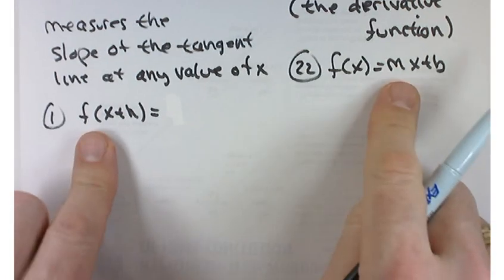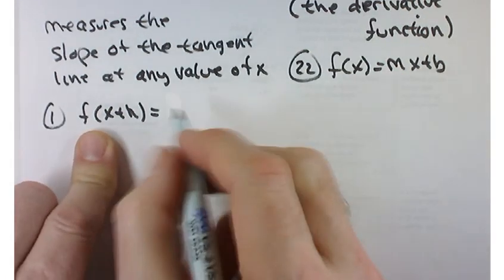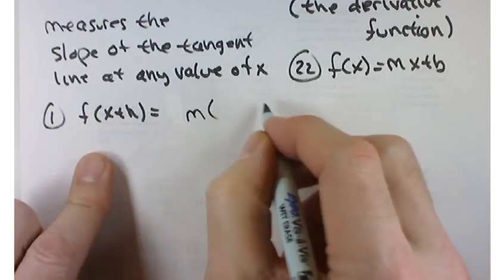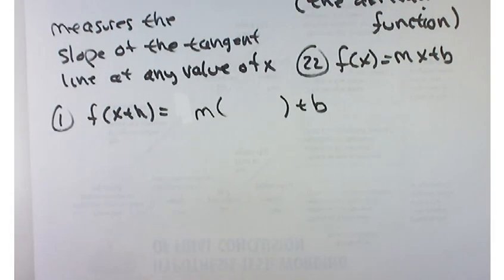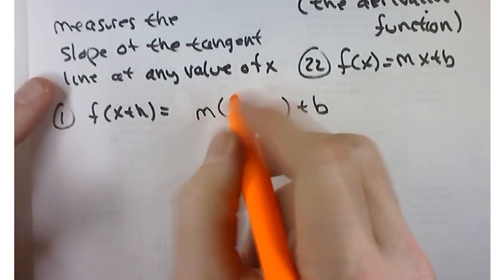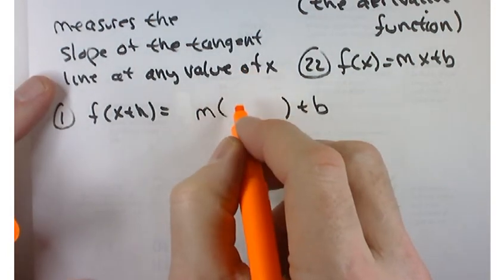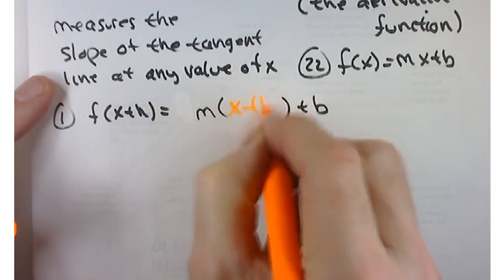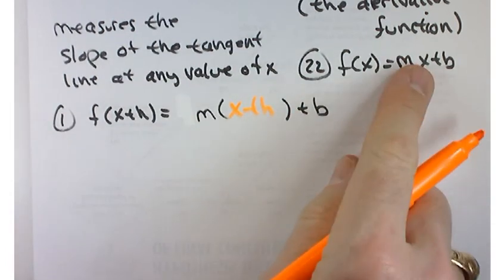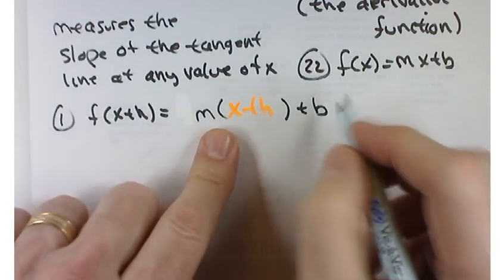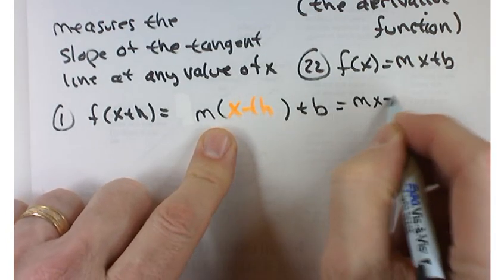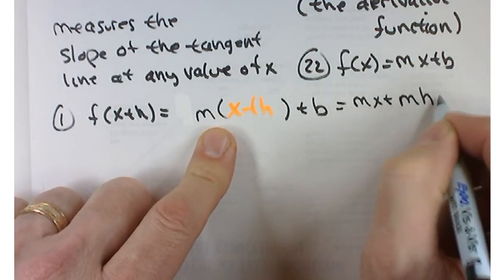F of x plus h for this problem is going to be m times x plus h plus b. So just plug in x plus h here for x. Now, we can distribute that and get mx plus mh plus b.